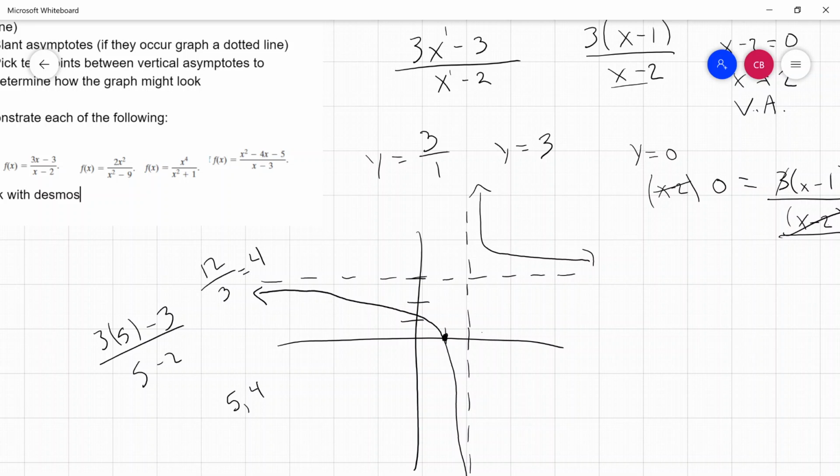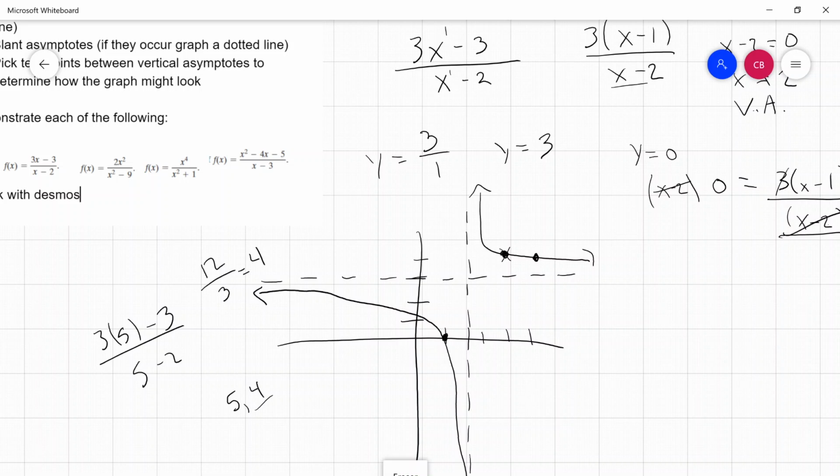So if we go over 5, 1, 2, 3, 4, 5, we go up 1, 2, 3, 4. Oops, I didn't go up high enough. Sorry, that's not the right point. You can see that it's actually above that asymptote because this is y equals 3 and that y is 4. And so you can see that I have actually graphed the right one, and I can check. You can check it with Desmos. I'm not going to because I'm pretty sure this is good.